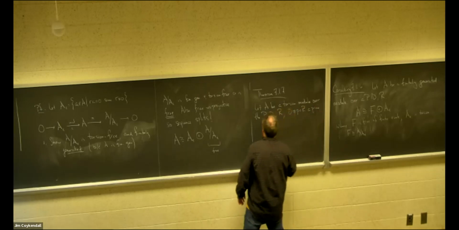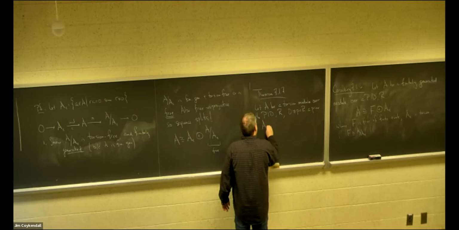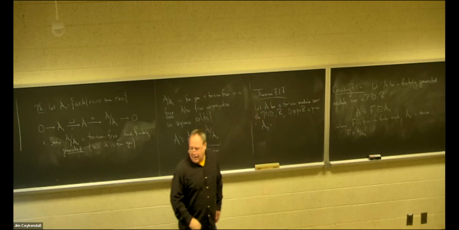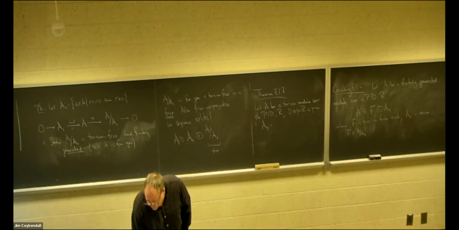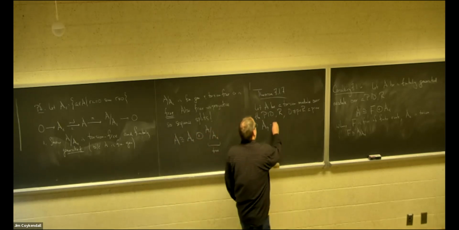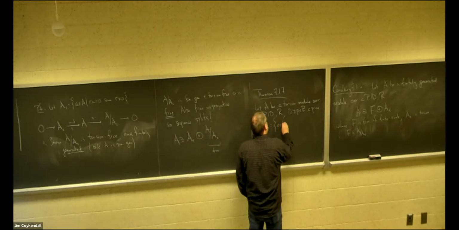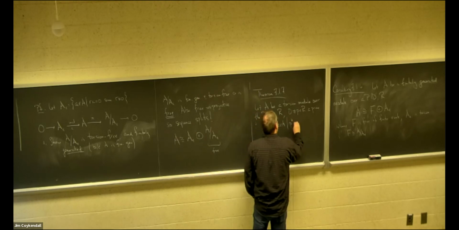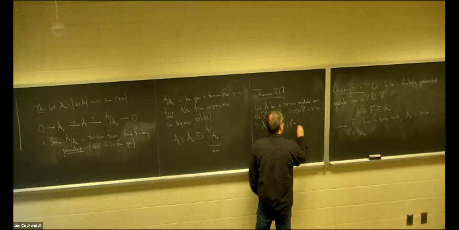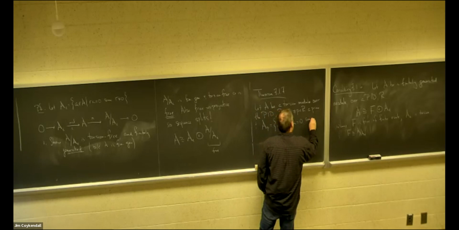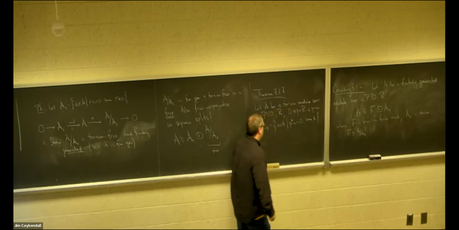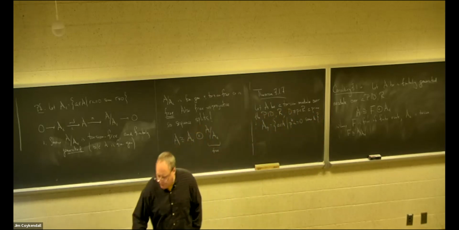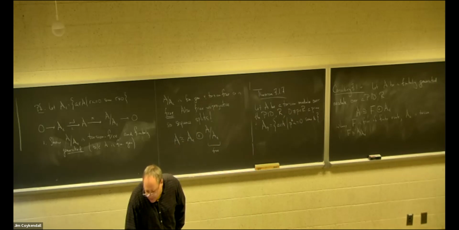And A sub P is going to be the set of a in A such that a is killed by a power of P, some P to the k. So this is a torsion module, so every element is killed by some element of R. Let's collect the ones that are killed by a power of this prime P.